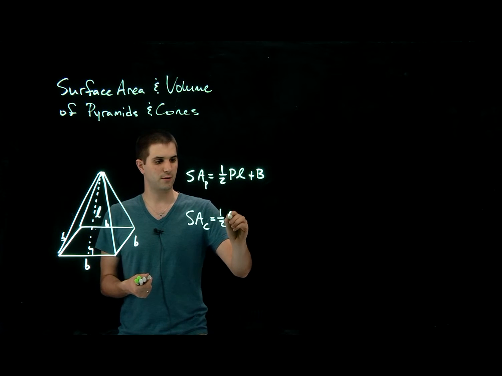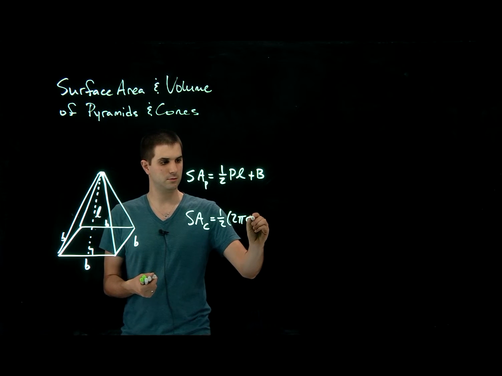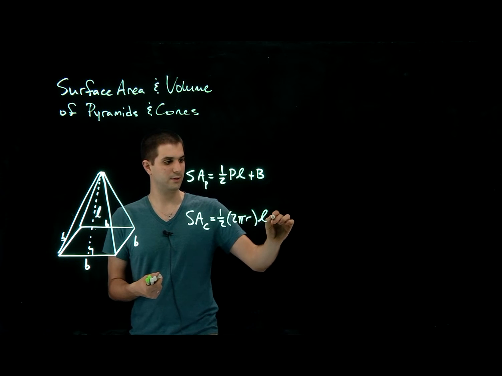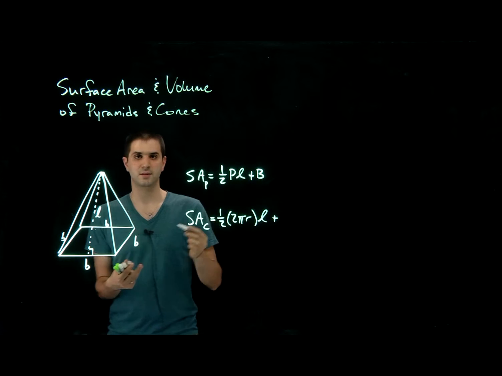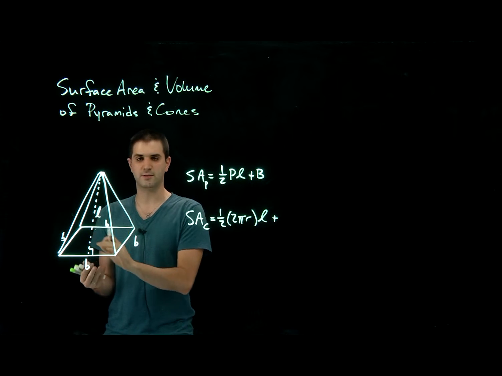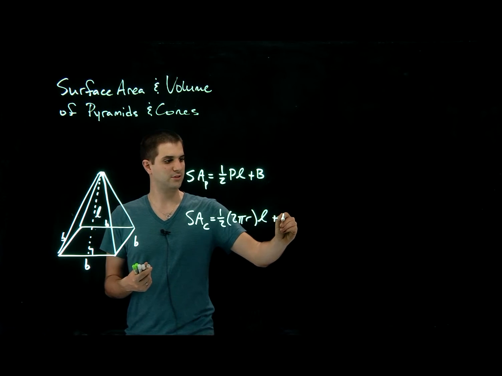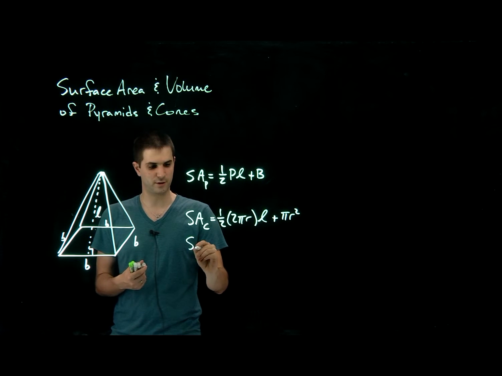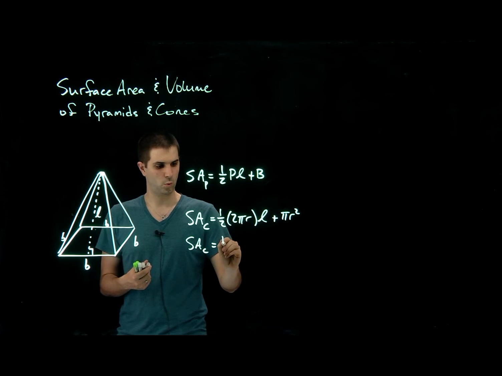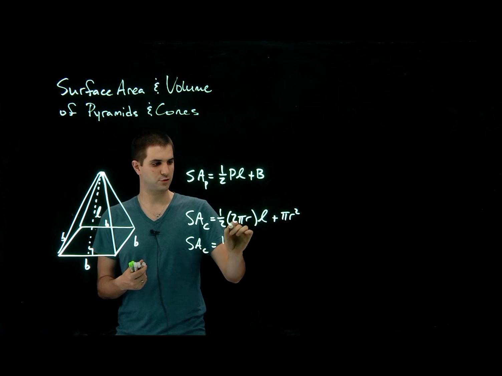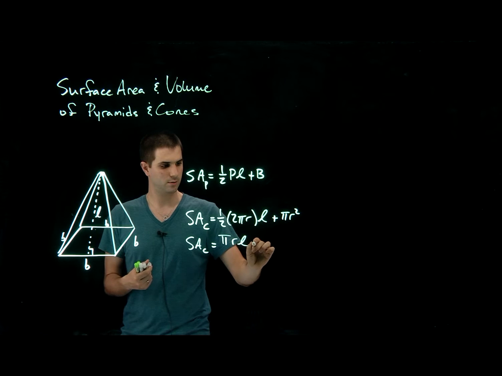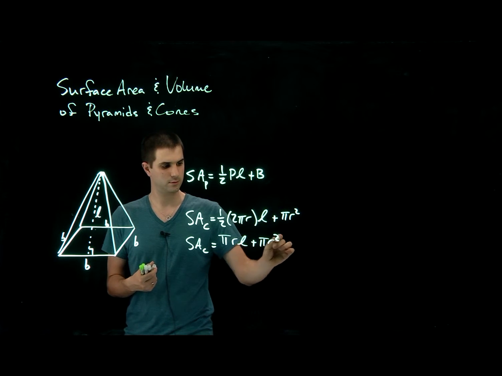We know that the circumference is 2 pi r, so that's going to be our perimeter. L is here, plus base. The base of a cone is pi r squared. So we sometimes write the surface area of a cone like this: 1/2 times 2 is just 1, so pi r L plus pi r squared.